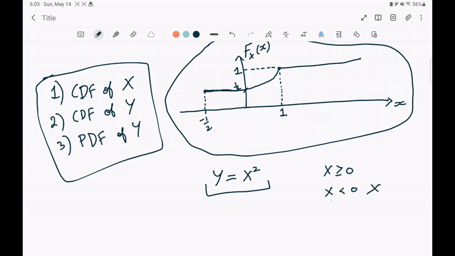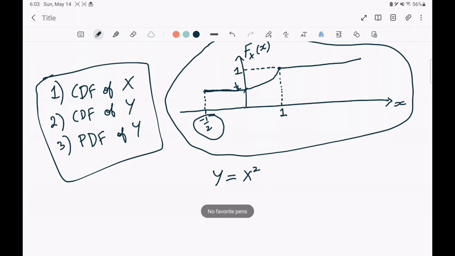Hence x square acted like an invertible function, and we were able to solve for the cumulative distribution function and the probability density function for y very easily. But in this case, we have some density present at x equals minus half, so x square won't behave like an invertible function.